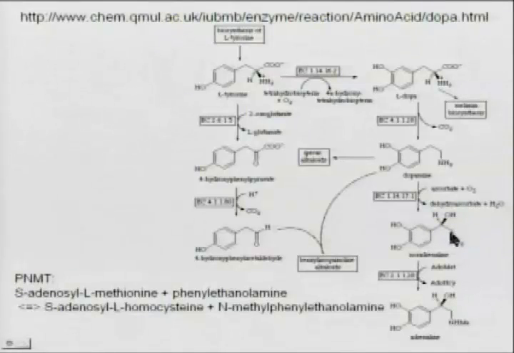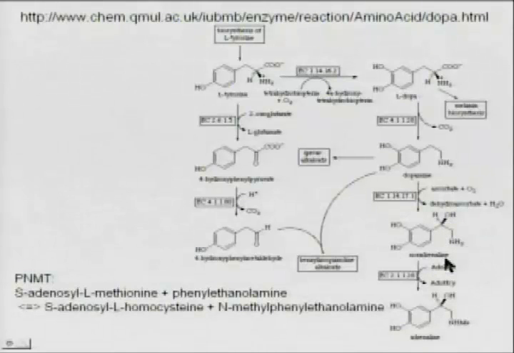And the next intermediate in the synthesis of adrenaline is noradrenaline. And this is the dopamine beta hydroxylase. I'm sorry if I called that the wrong enzyme. AAADC is here. This is the dopamine beta hydroxylase. So we have hydroxylated the beta carbon shown there.